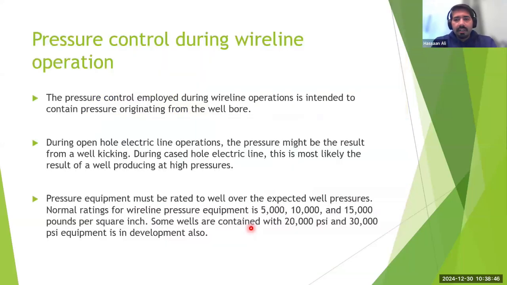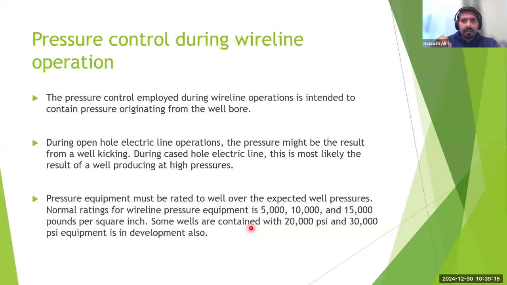Pressure control during wireline is a very important thing because loss of pressure control can result in a blowout. Pressure control during the wireline operation is intended to contain the pressure that is originating from the wellbore inside the wellbore. We don't want it to have an uncontrolled exposure to the surface. During open hole electrical operations, that means during the reservoir evaluation and drilling phase, there can be a well kick.